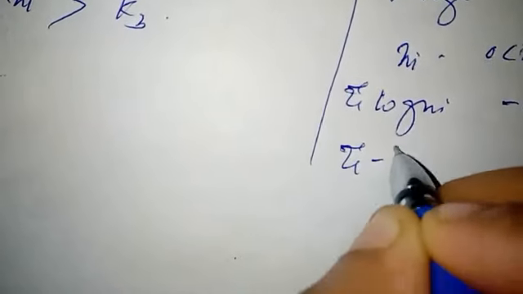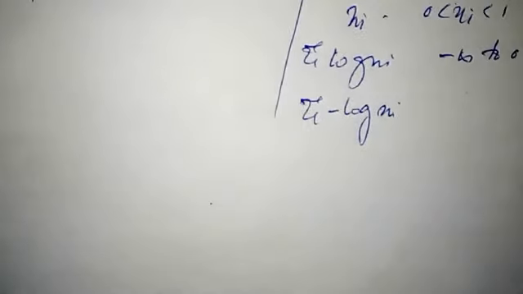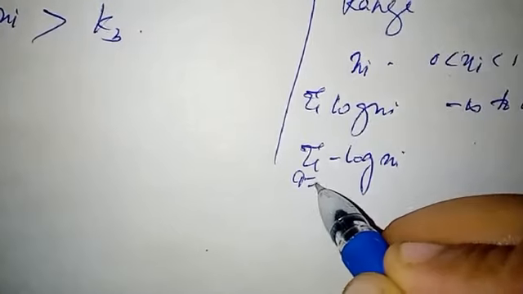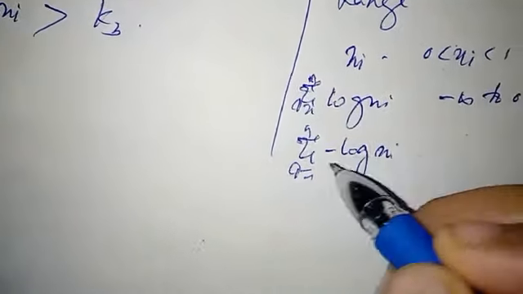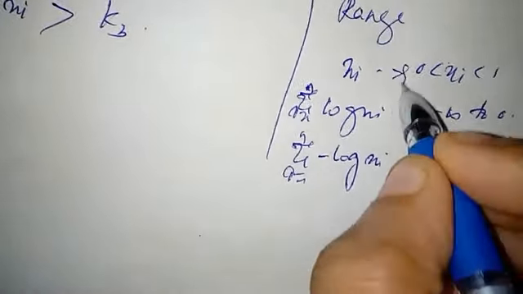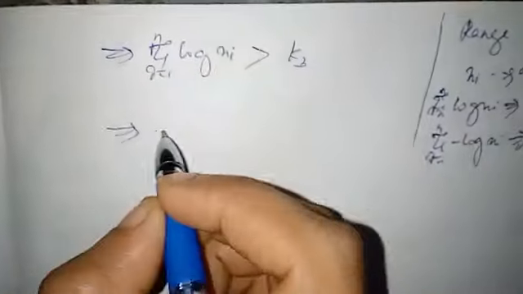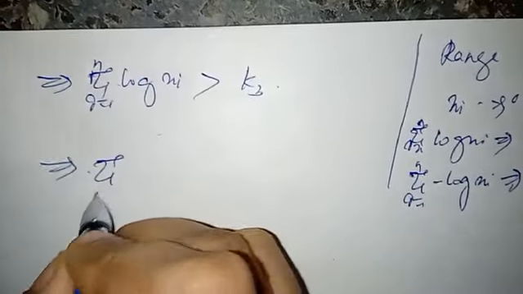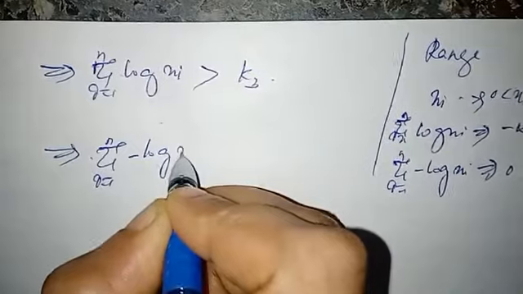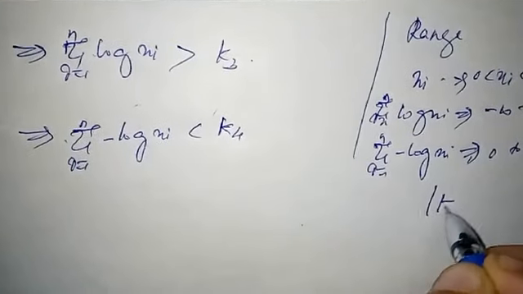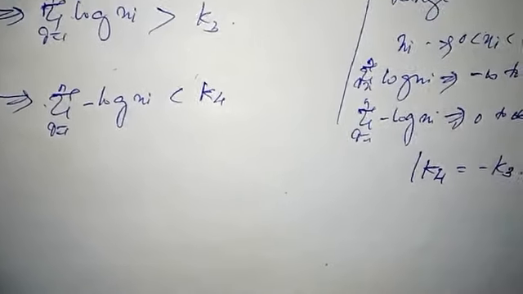Then what is the summation of minus log xi? If the summation of log xi lies between minus infinity and 0, then the summation from i = 1 to n of minus log xi lies between 0 and infinity, which is positive. So we multiply by minus 1. That is, the summation from i = 1 to n of minus log xi is less than k4, where k4 equals minus k3.